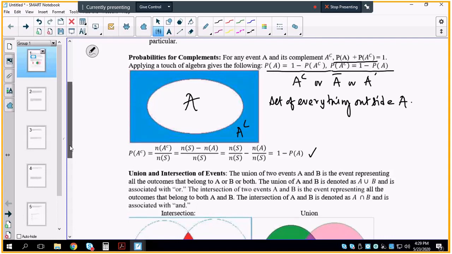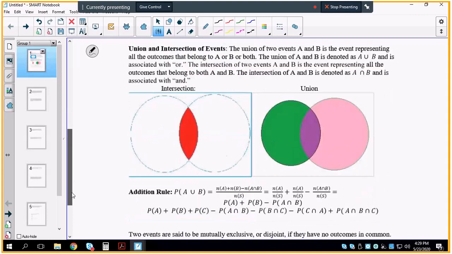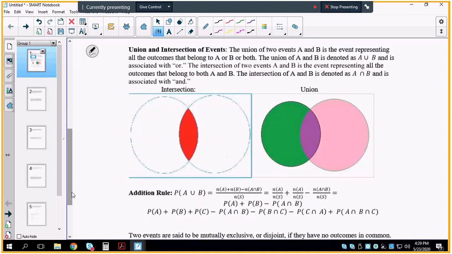There are two other major set theoretic concepts that we're going to learn. One is intersection and the other is union. The intersection of two events or two sets is the overlap between the two sets. If I look at the diagram on the left, if the circle on the left is A and the circle on the right is B, then their intersection is where the two circles overlap.